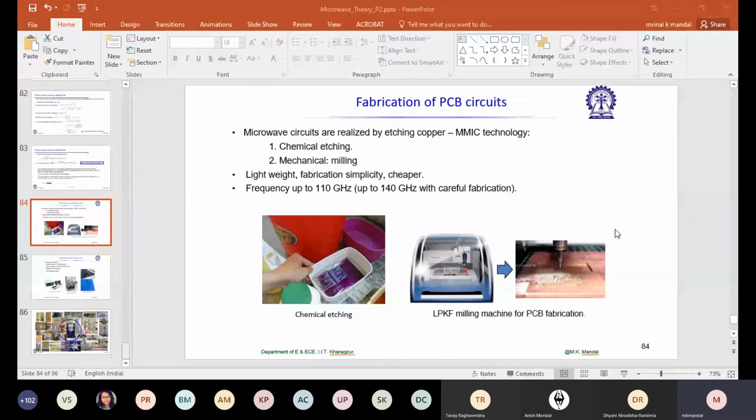Now the width, whatever you want, should be accurately realized. So let's say for a 50 ohm microstrip line on the given substrate, you calculated the width required is 1.8 millimeter.